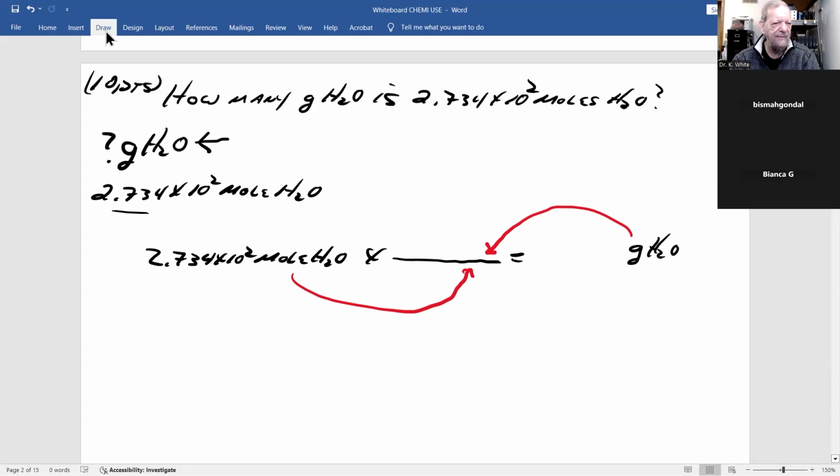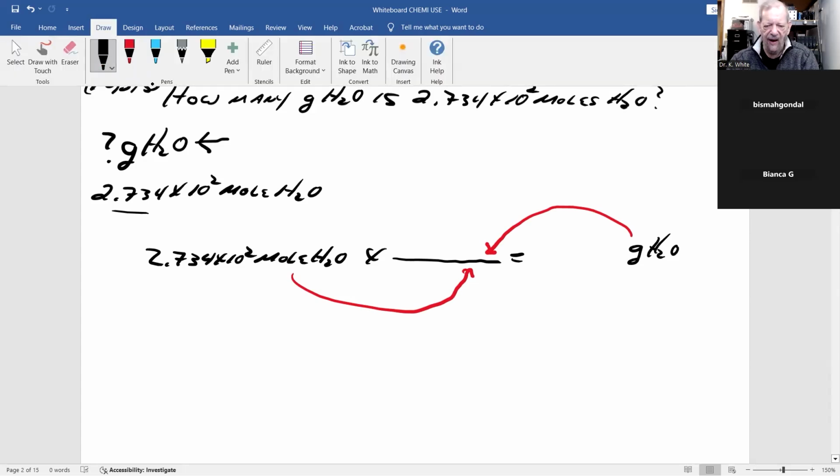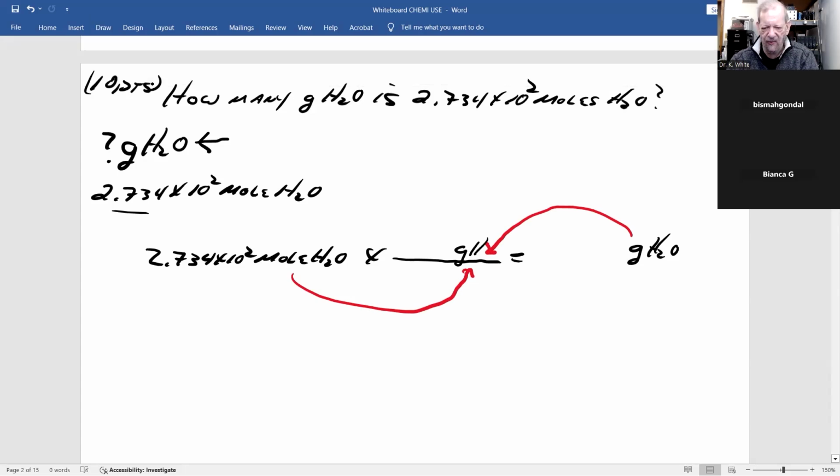And now I'll write those units in: grams of water, moles of water. And where do I find a relationship between grams of a molecule and moles of a molecule? Well, this will be important information.